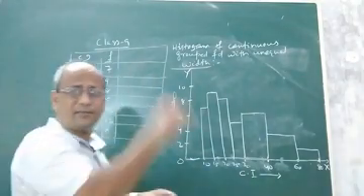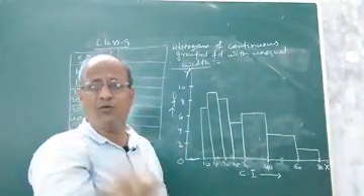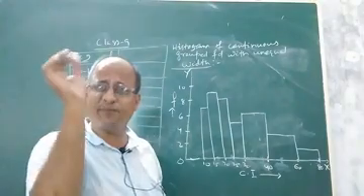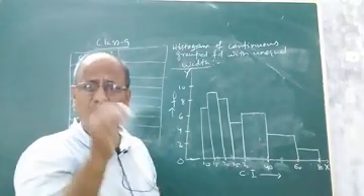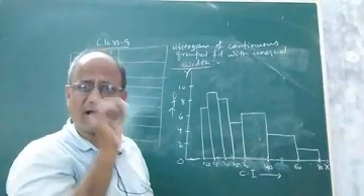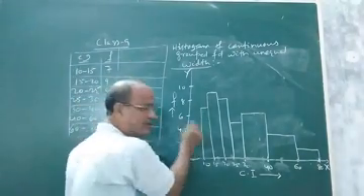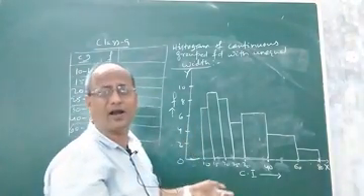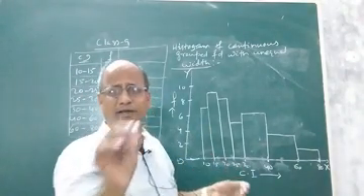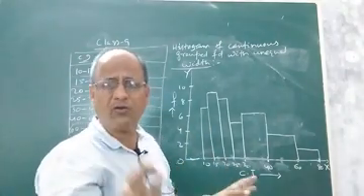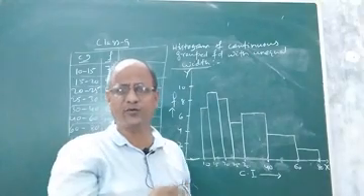And the adjusted frequencies of the class intervals will be equal, or you can say proportional, to the corresponding heights of the bars or rectangles. Now the point is how to adjust the frequency.